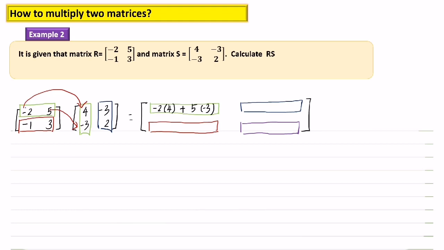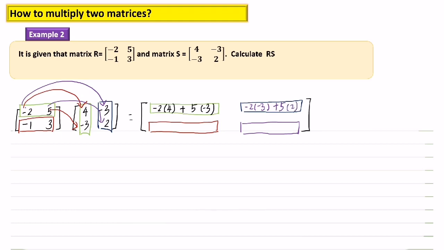Now first row times the second column. We do the same thing: first number times the first number, so negative 2 times negative 3, plus second number times the second number, 5 times 2.